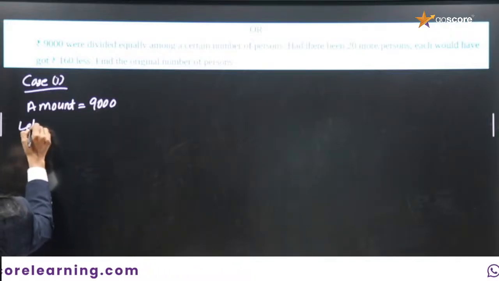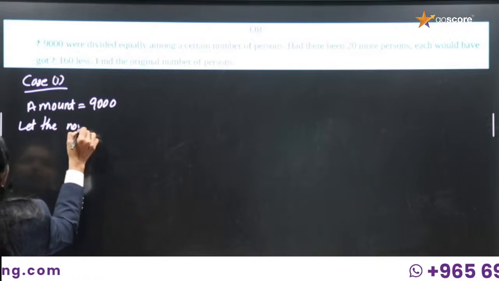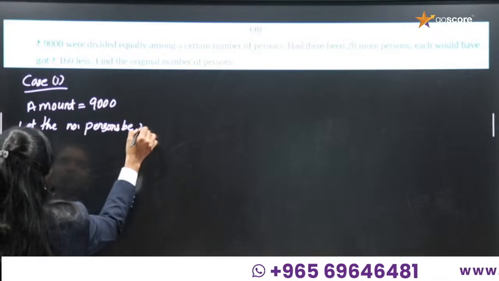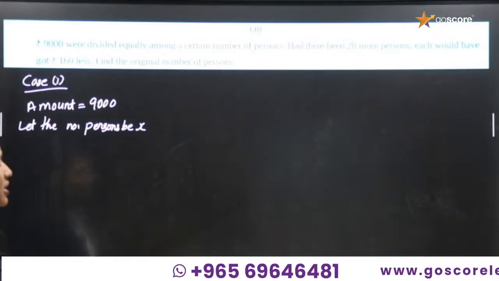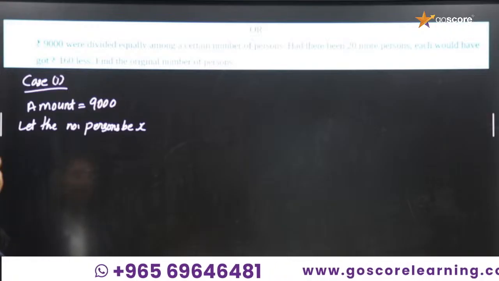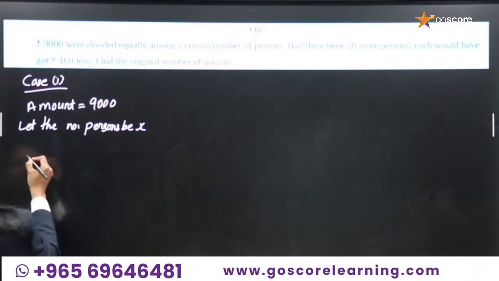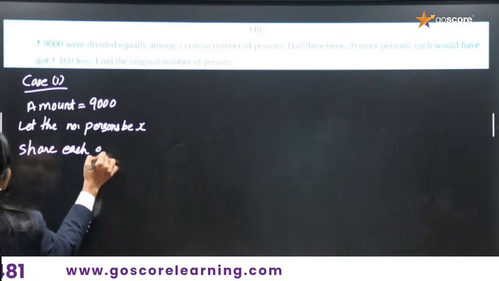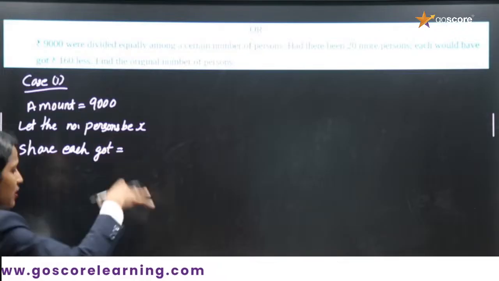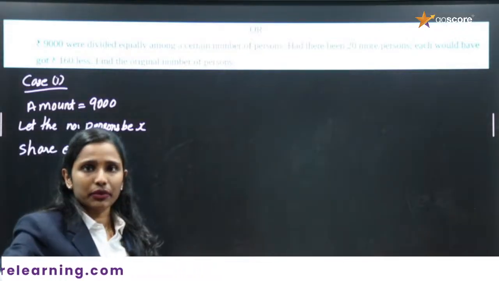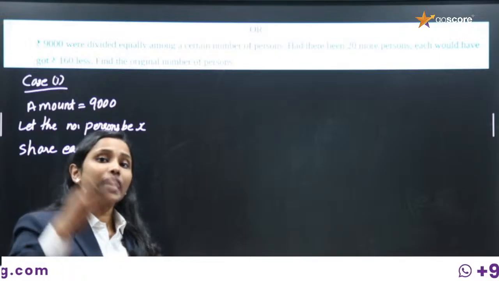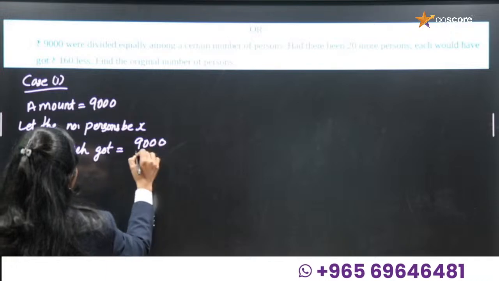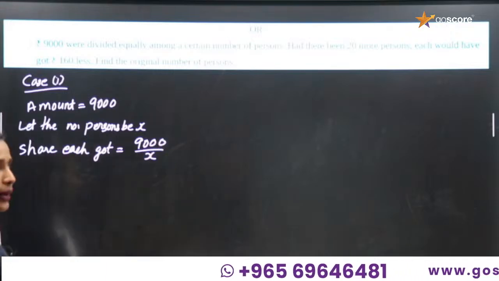So let the number of persons be x. 9,000 rupees is divided among x number of people, so each one will get 9,000 divided by x. So the share each got is 9,000 divided by x. Now case 2.